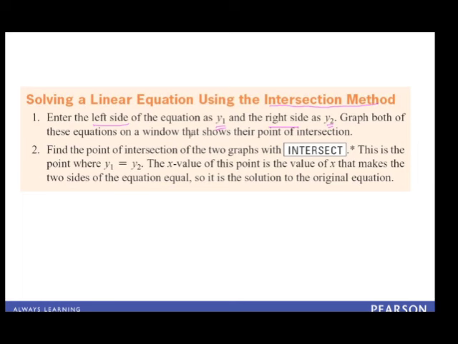You graph these both on a window that shows their point of intersection, and then find the point of intersection of the two graphs with intersect. This is the point where the two equations are equal, and the x value at this point is the value of x that makes both sides of the equation equal. So it is the solution to the original equation.